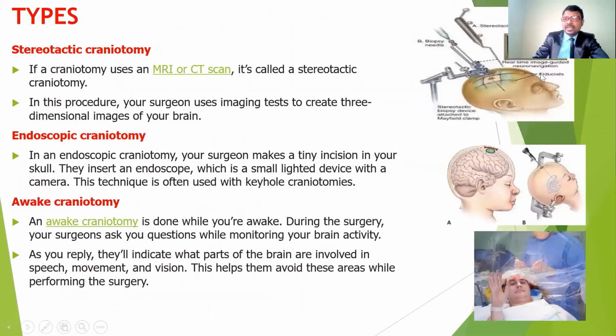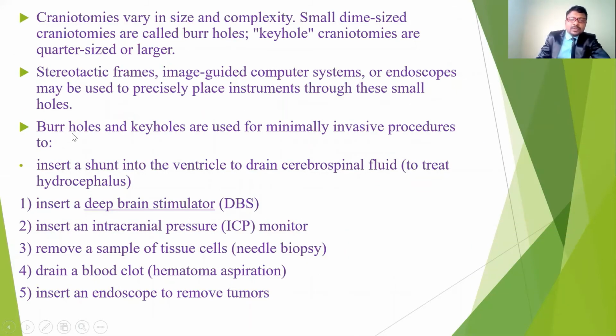So if you see here, small instruments are inserted into the brain through the burr holes. These techniques are called burr hole techniques. They are used to measure or to insert equipment, mainly for deep brain stimulation. Through these small burr holes, they send the deep brain stimulator to check brain function in people who have motor disorders, particularly Parkinson's patients.